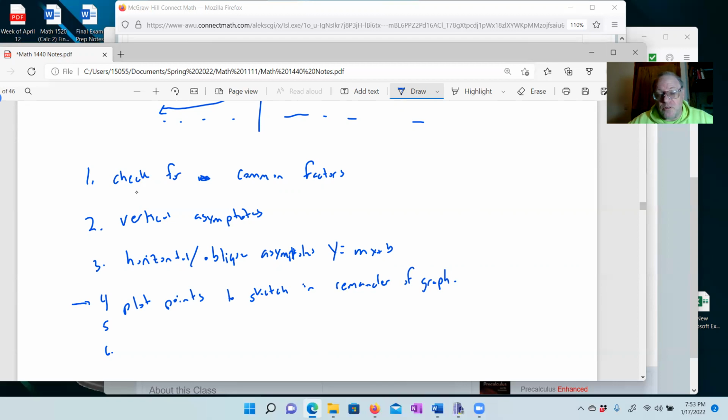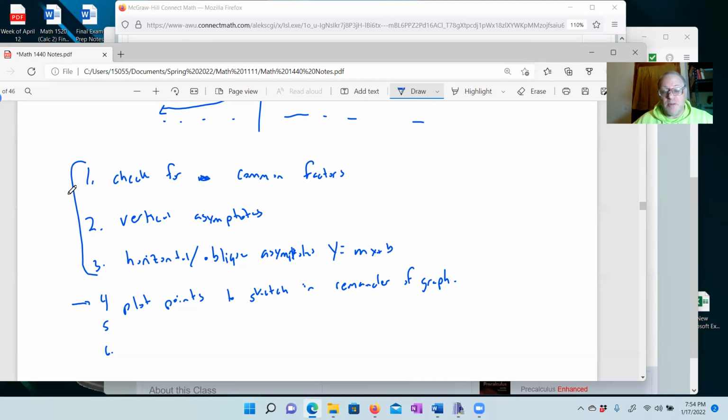So those are your 3 steps to being able to graph a rational function: check for your common factors, check for your vertical asymptotes, check for your horizontal asymptotes. There are other little tricks and things you could deal with, or things that they might ask specifically, but these are your big 3.